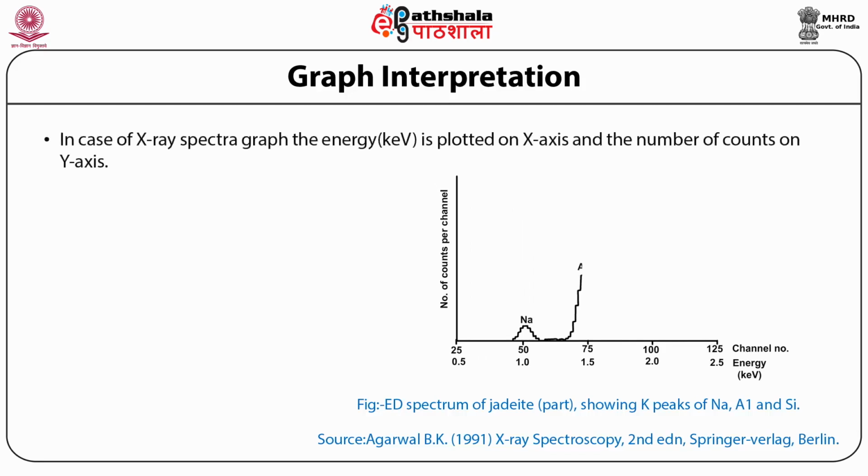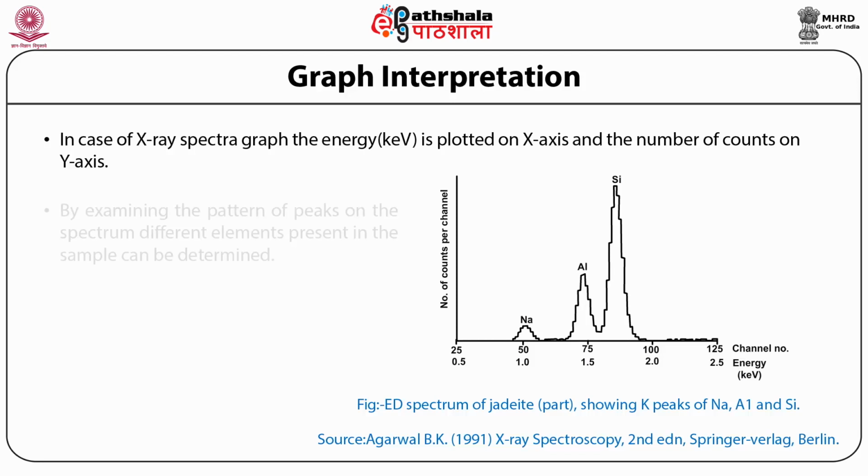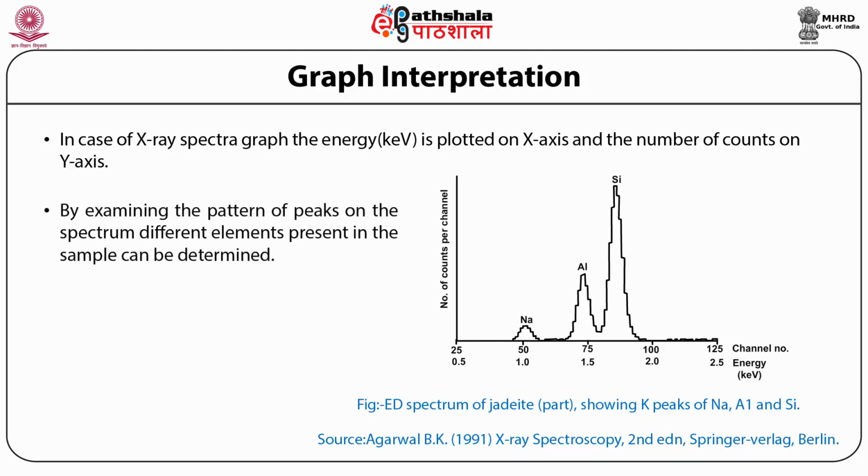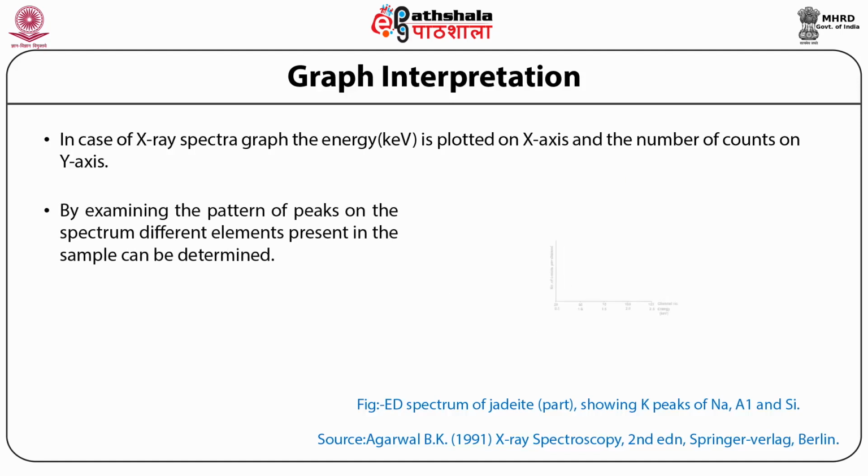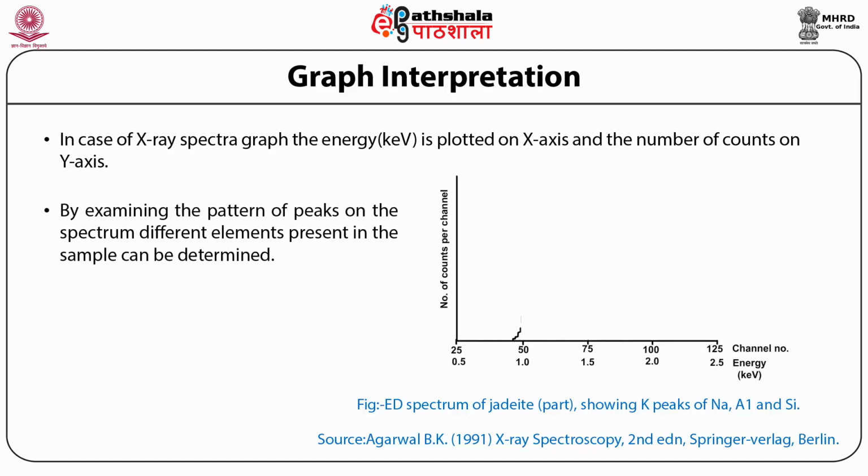In an X-ray spectra graph, the energy, in kilo electron volts, is plotted on the x-axis and the number of counts on the y-axis. By examining the pattern of peaks on the spectrum, the different elements present in the sample are observed. You can see the relative intensities and the area under the peaks are different.